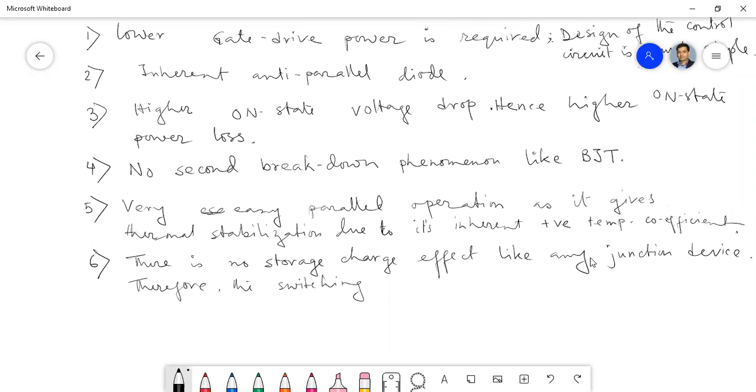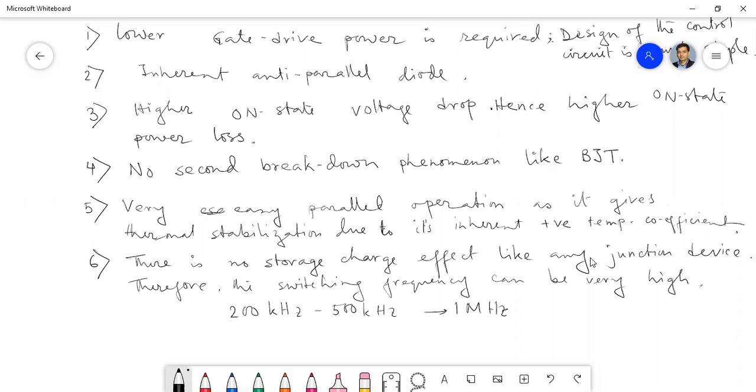Switching frequency can be very high. Now the switching frequency can be 200 kilohertz, can be 500 kilohertz, or can be 1 megahertz as well.